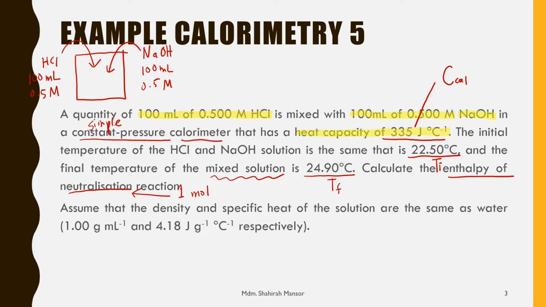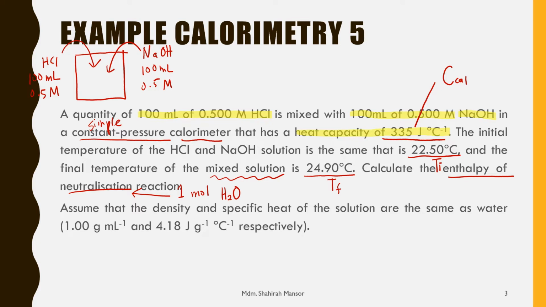Kalau untuk enthalpy of neutralization, this is energy released when acid and base react ataupun neutralize to form 1 mol of water. So enthalpy of neutralization ini merujuk kepada 1 mol of water yang terbentuk daripada neutralization reaction.